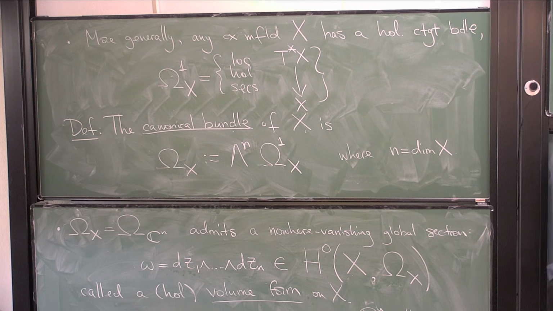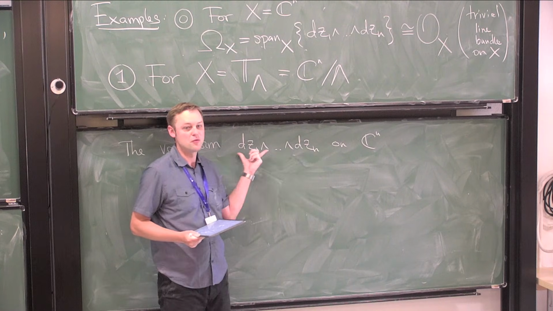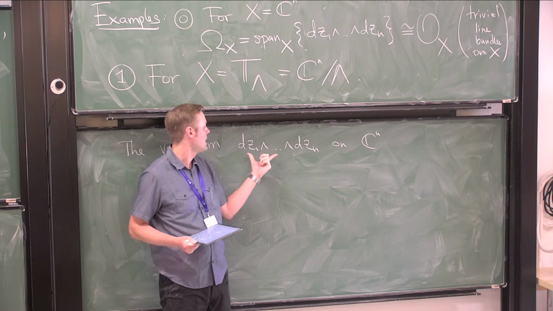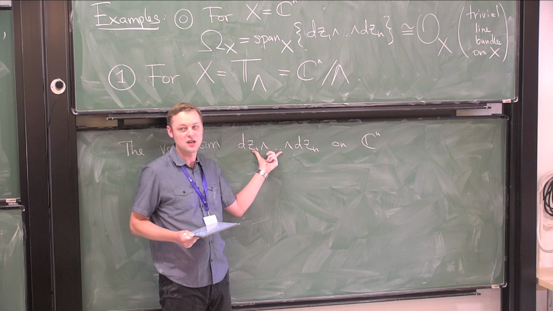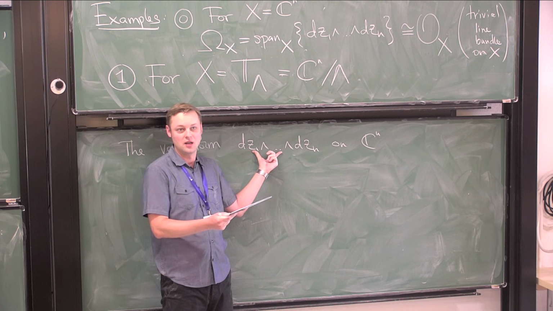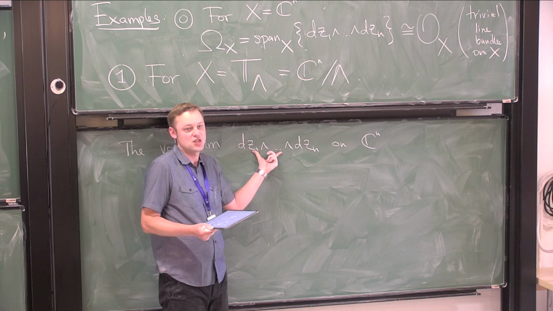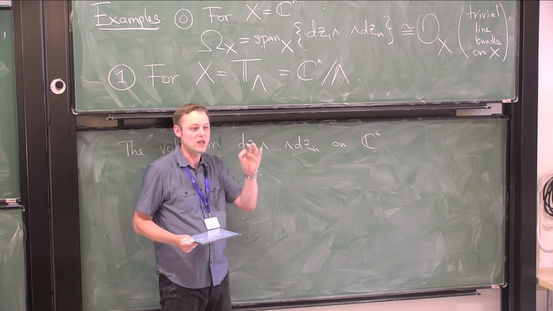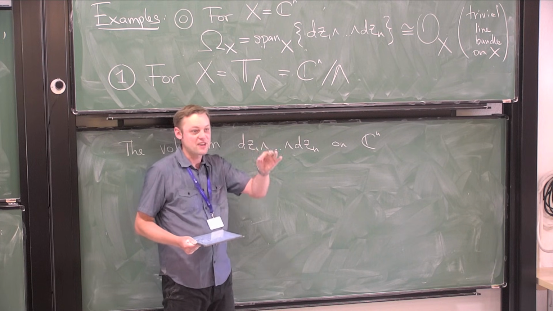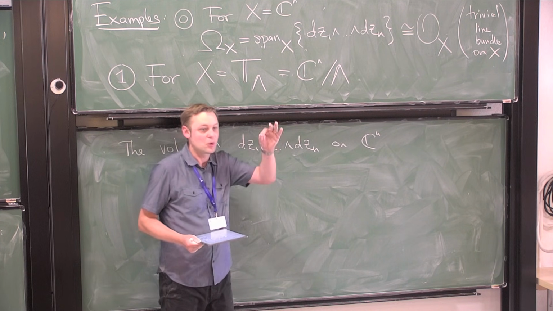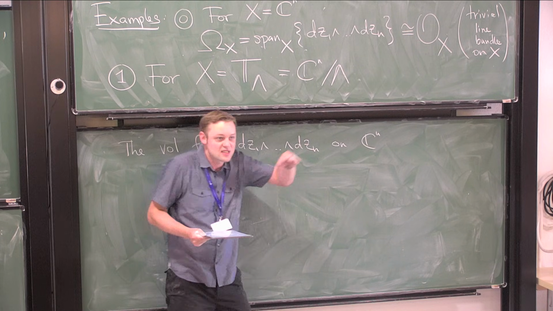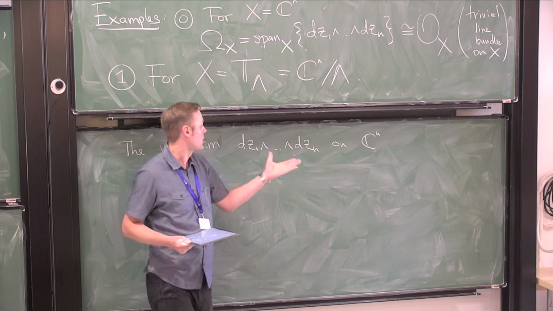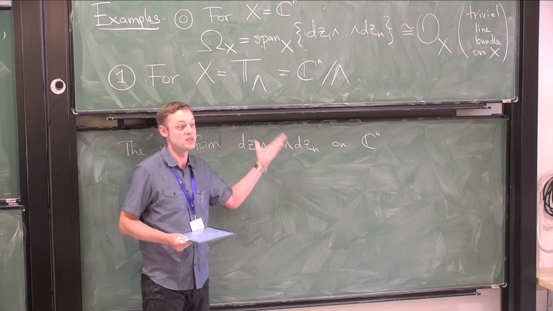This is a very heuristic way of explaining it, but it has the essence of truth. So what I'm trying to say is that this volume form on C^n is actually invariant under lambda shifts. And since it's invariant under lambda shifts, it has a perfectly well-defined value at any equivalence class in this quotient, because it's the same value. So this volume form descends down the quotient.